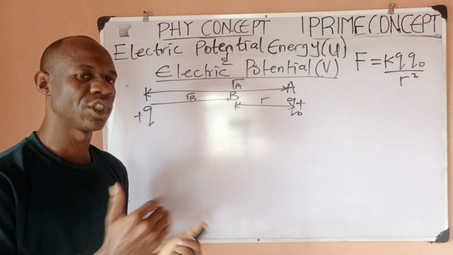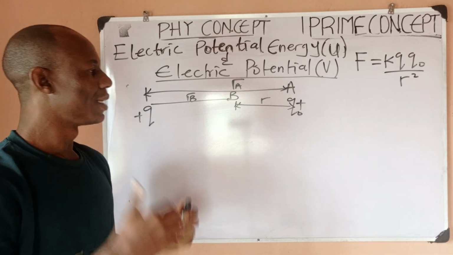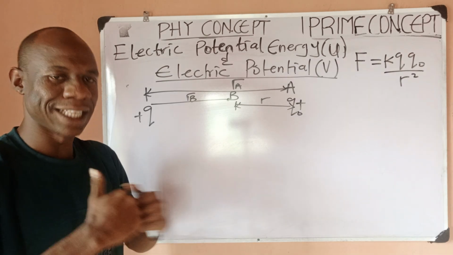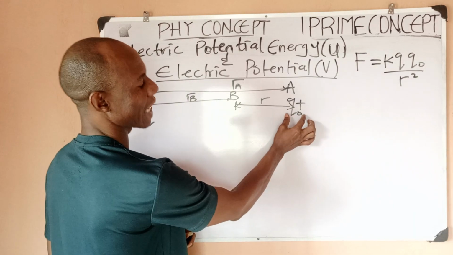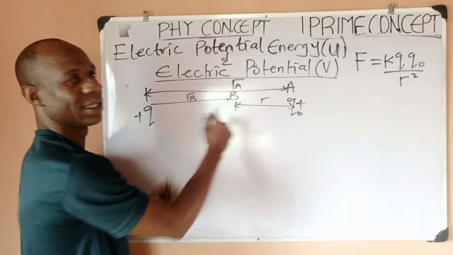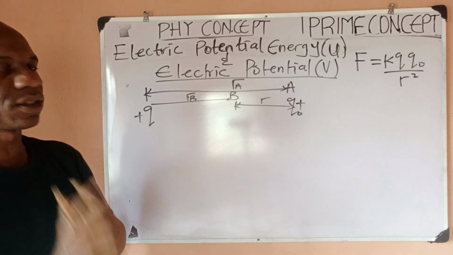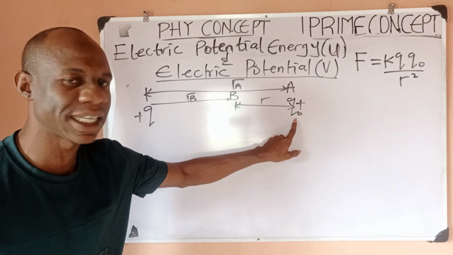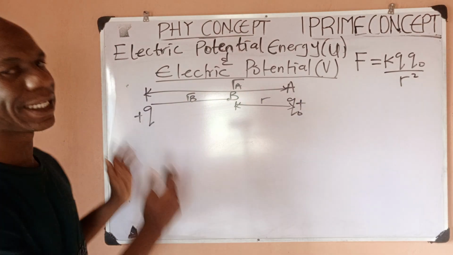So what is change in electric potential energy? It is the work done in an electric field in moving a positive test charge from a point A to another point B in the field. It is the work done in moving a positive test charge from a point A to a point B in an electric field.